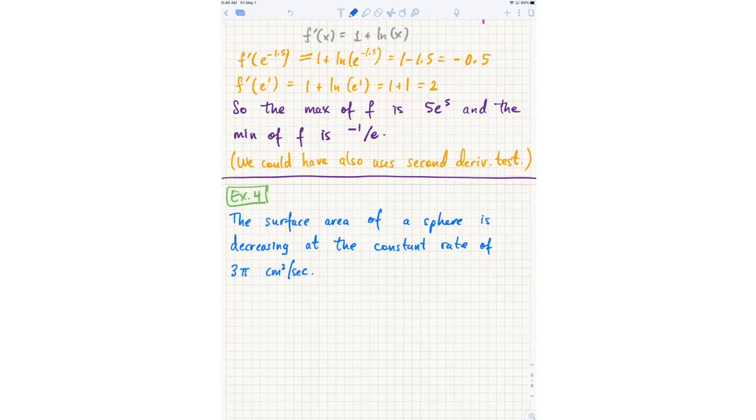I mean, they say constant rate, but if that keeps on going, the sphere will eventually just not be there. At what rate is the volume of the sphere changing when its radius is 2 centimeters?